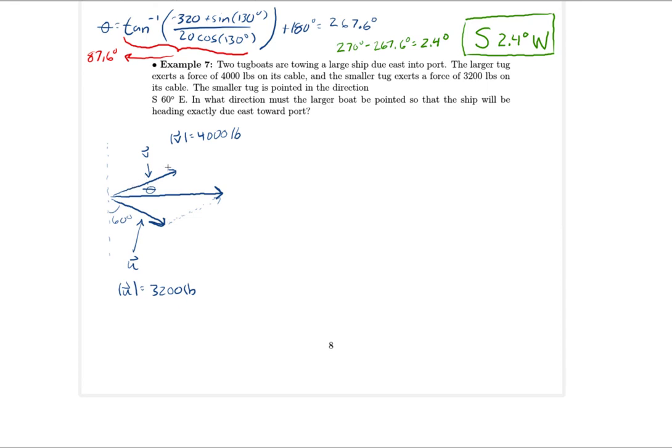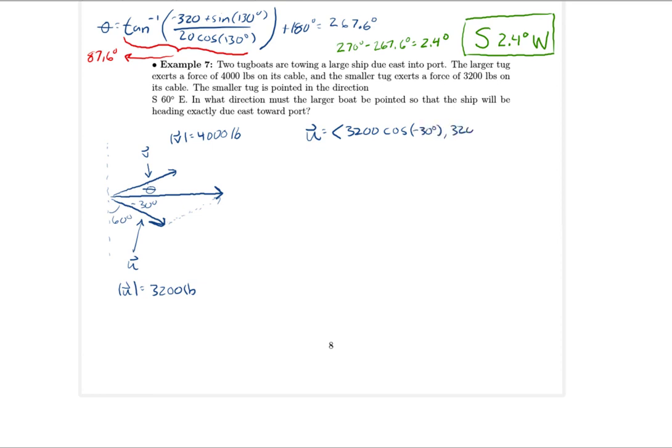All right, so we know that U is 3,200 times the cosine of, and let's be careful, we got to give this actual angle here, right? So that actual angle is not 30 degrees, it's negative 30 degrees, right? Because we're going in the clockwise direction.